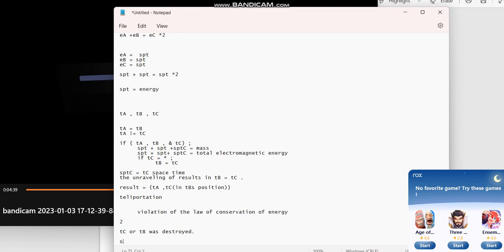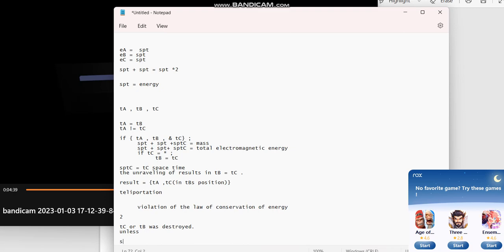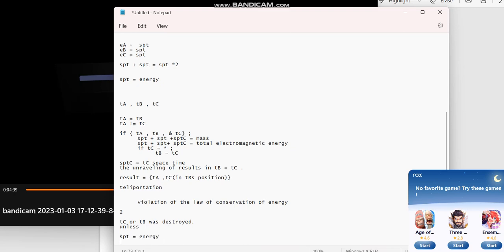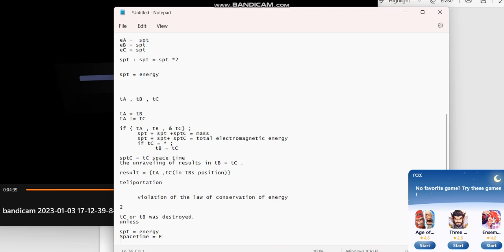Unless, again, unless SPT equals energy, space-time equals E. And if space-time equals E, then lots of things can unfold.